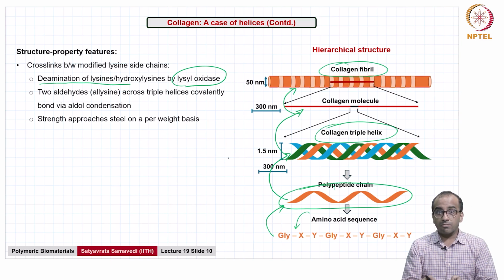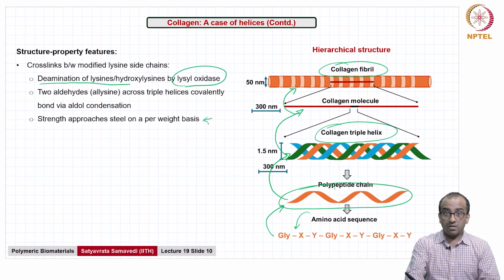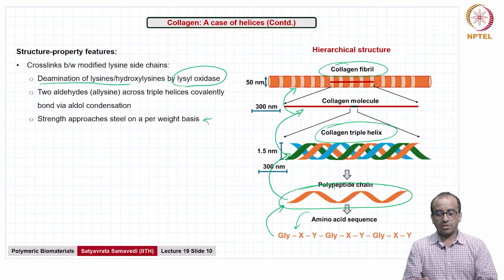When we look at mechanical properties under bulk behavior and responses later in this course, we will again revisit collagen, and we will ask, as the collagen molecules get stretched, what happens to both the structure at the microscopic scale as well as the bulk. But we will note here that the strength of collagen on a per weight basis approaches that of steel.